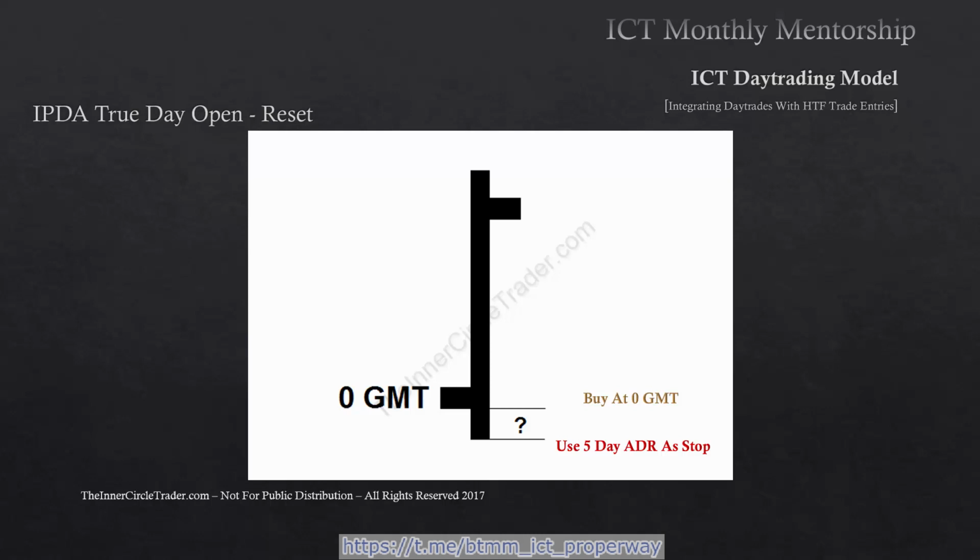If it goes down a few pips and fills you, and say it goes down 30 more, the likelihood of the 5-day average daily range being subtracted from the opening price of 0 GMT and your 10 or 20 pips below that opening price as your entry, again, the likelihood is 60, 70 pips going down from the opening price. It doesn't usually happen if price is already expected to reach a daily discount PD array.